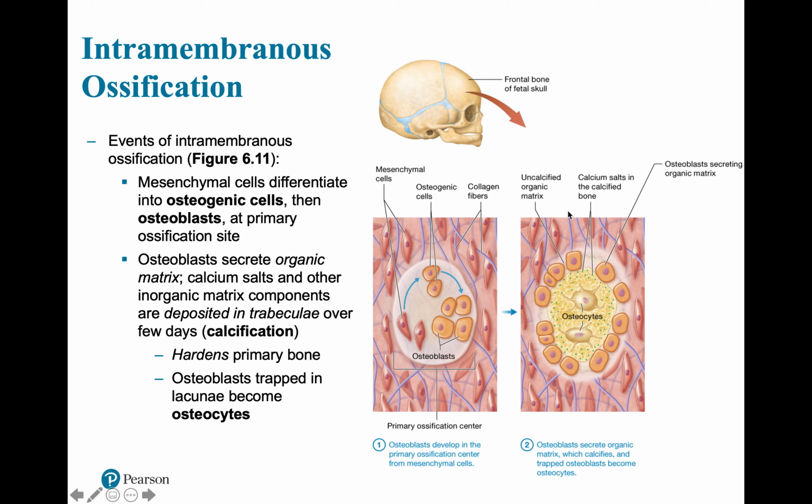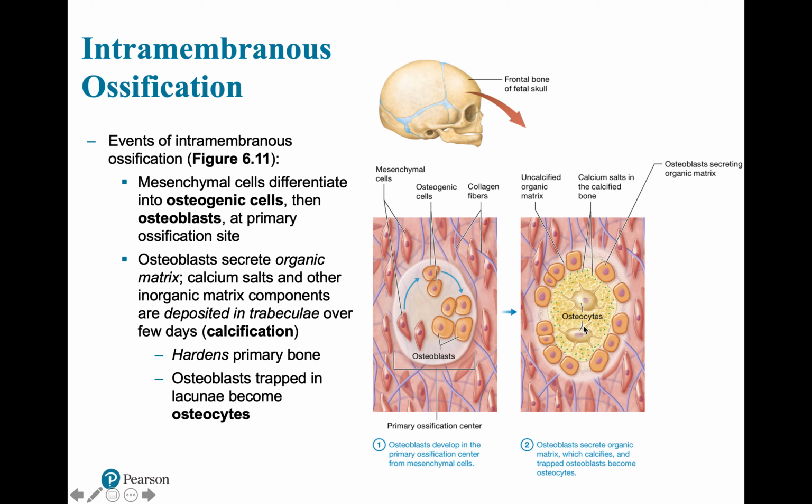So the appropriate chemical signals come along and trigger these mesenchymal cells to differentiate into osteoblasts. When they differentiate into osteoblasts, they are now specialized, and we call this the primary ossification center. Now, these osteoblasts in the primary ossification center, what's the function of an osteoblast? We talked about this in a previous video.